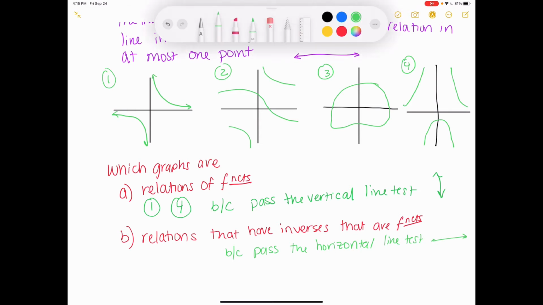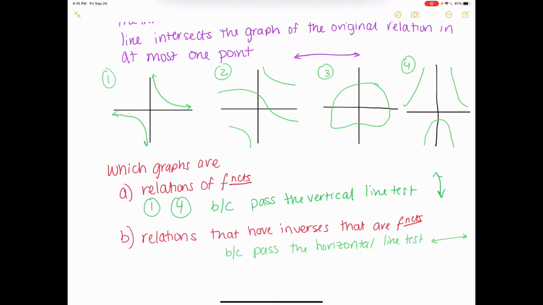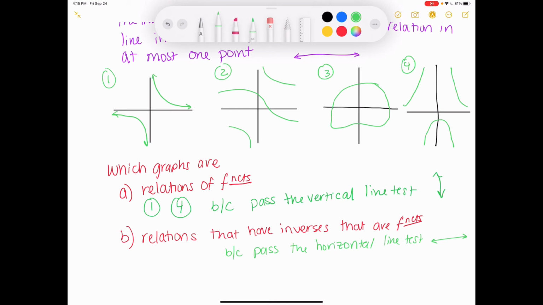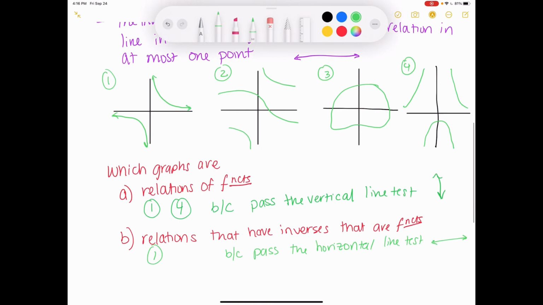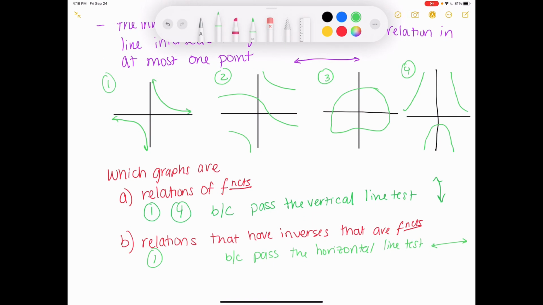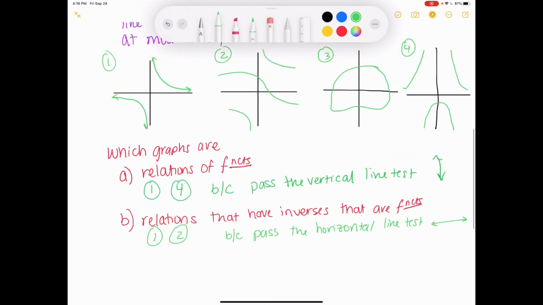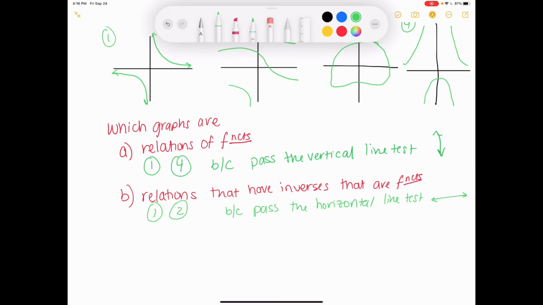So I'm going to take my pencil and turn it, and as I go down through 1, there's nowhere that it intersects at more than 1 point. At 2, again, there's nowhere that it intersects at more than 1 point. 3 is one of those weird shapes, and it intersects at 2 places several times. And 4 does the same thing, intersecting at multiple places as you go down. So the only 2 that are relations that have inverses that are functions are 1 and 2.